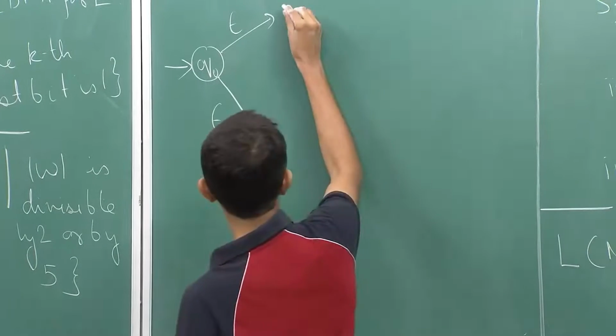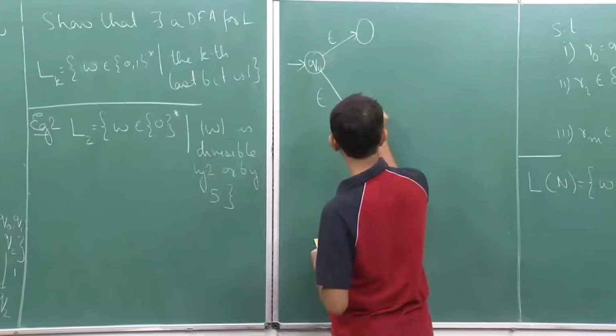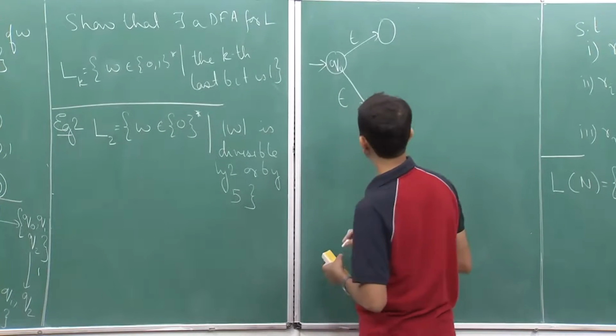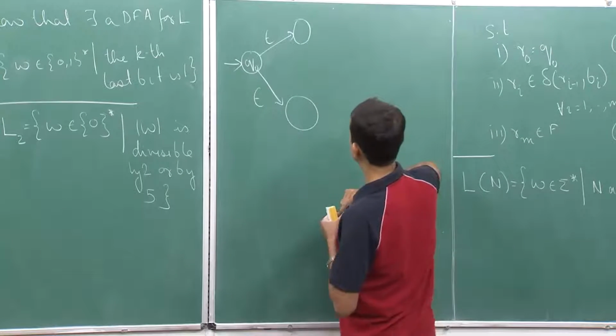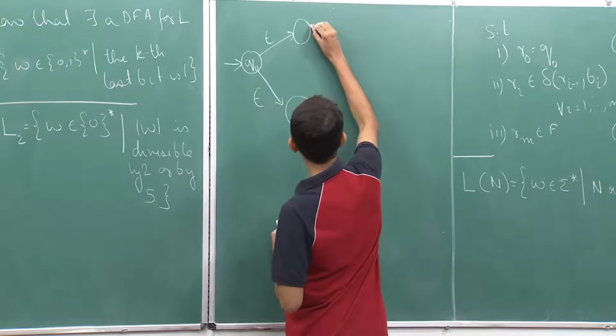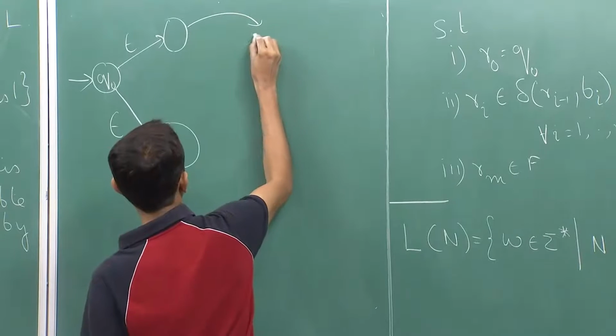Are we going to check whether the length is divisible by 2 or whether the length is divisible by 5? If we are going to check whether the length is divisible by 2, we just have an automaton like this.